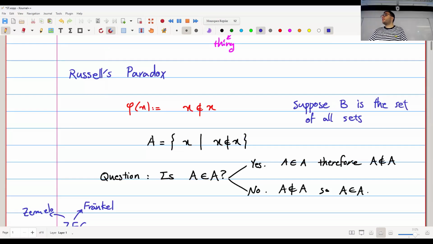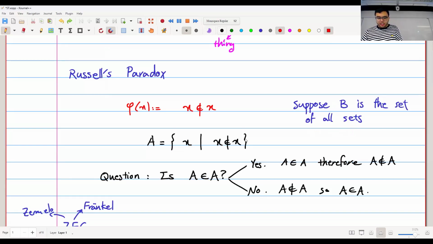Which is, by the way, something that I can write in my language, right? I can say that for every X, X is in B. This would say that B is a set of all sets, right? So suppose that B is the set of all sets.